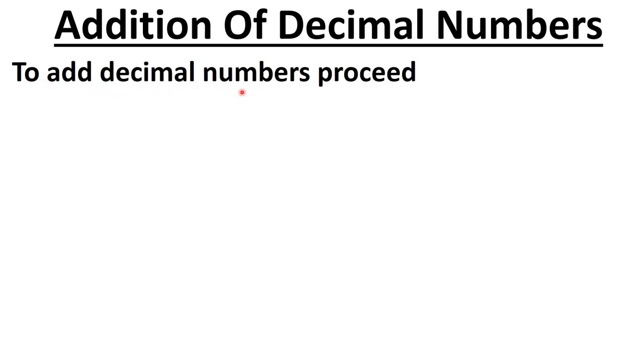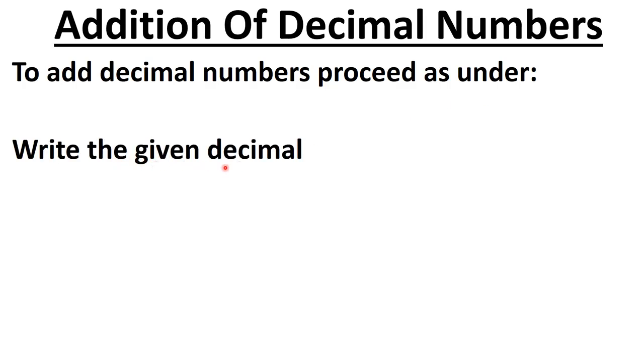Now our next topic is addition of decimal numbers. There is only one thing that you need to keep in mind while adding or subtracting decimal numbers: you will write decimal below decimal. To add decimal numbers, proceed as under.